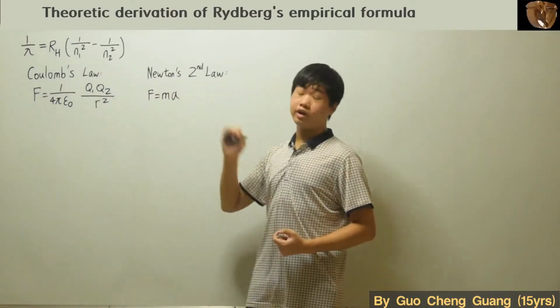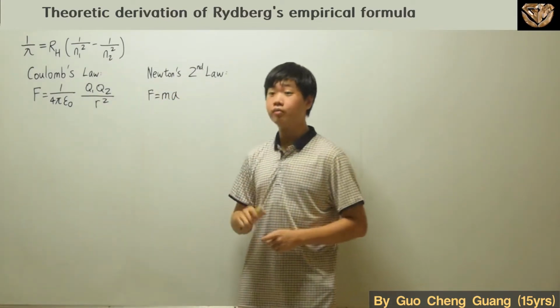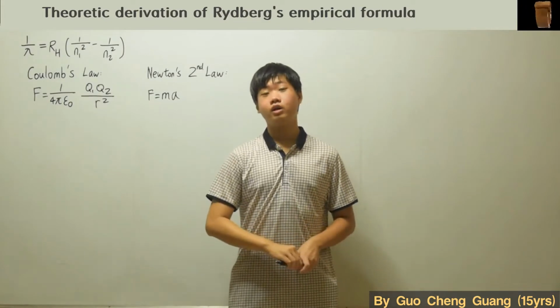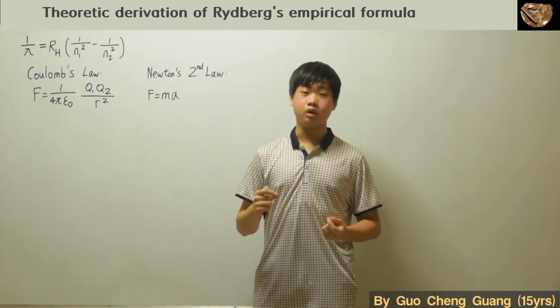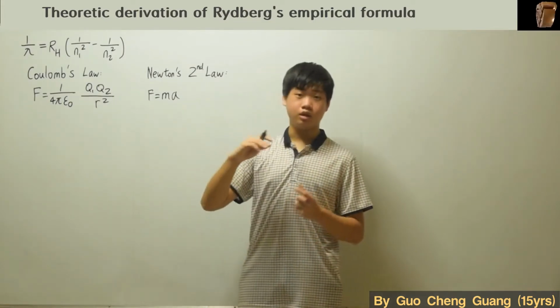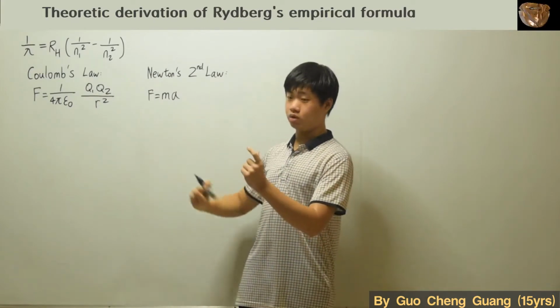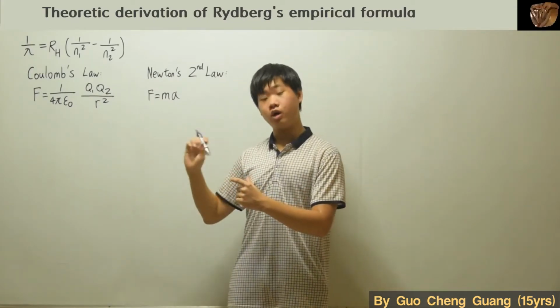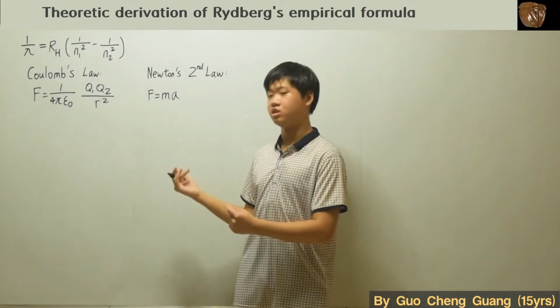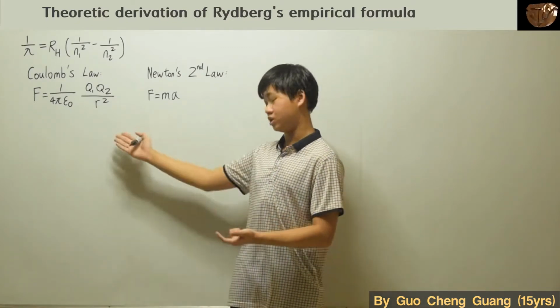But you would need to find a relationship between these two, right? Now, how do you find a relation between these two? You have to be aware, since this is in an atom, that the electron is doing circular motion around your nucleus, or in this case, just a proton, or a positive charge.